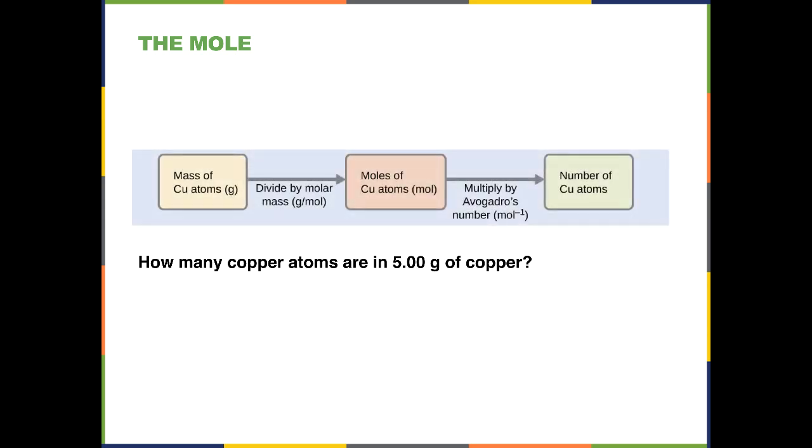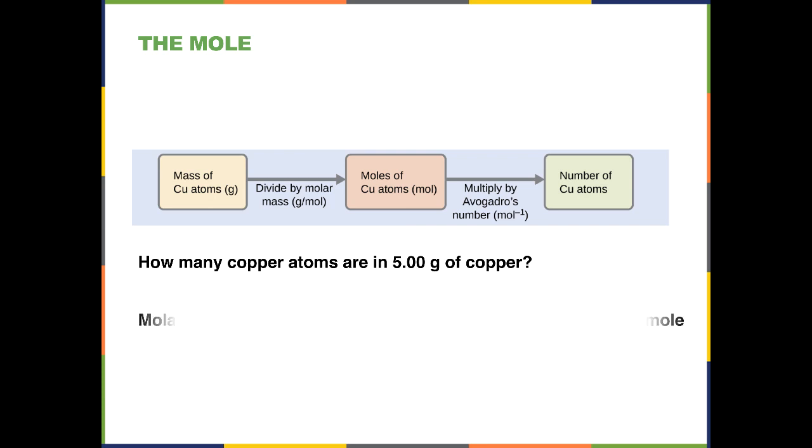So here's the diagram. On the left here, you start out by converting mass to moles. And then once you know how many moles you have, you know there are exactly 1 Avogadro's number worth of atoms in a mole. And that gives you the number of atoms.